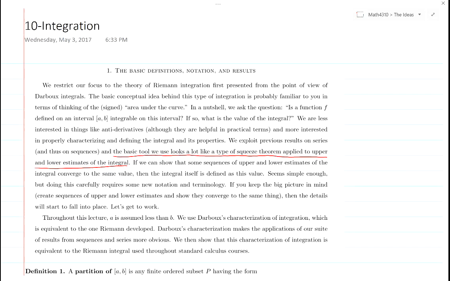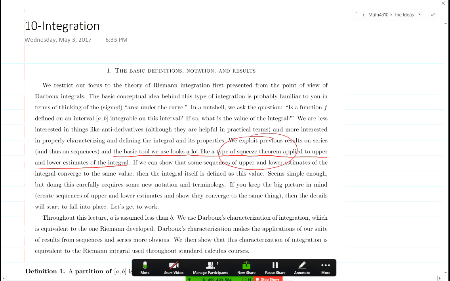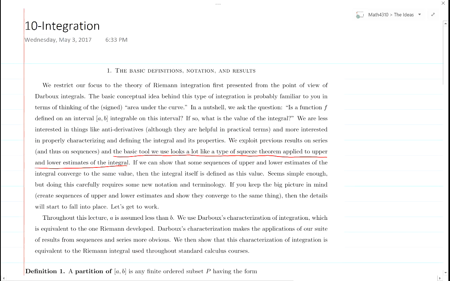The thing I want to emphasize is that the basic tool that we use is very much like a squeeze theorem applied to upper and lower estimates of the integral. You might remember doing this from calculus, where you compute Riemann sums by approximating the area under a curve by the sum of the signed areas of rectangles.